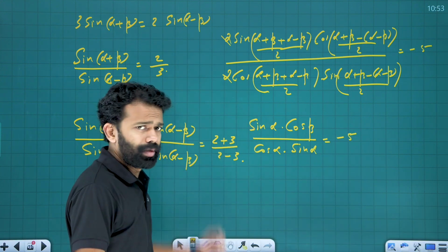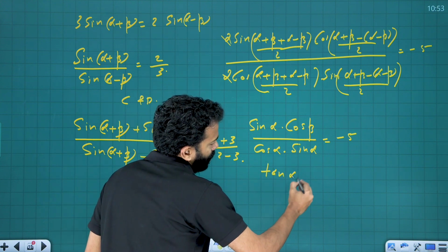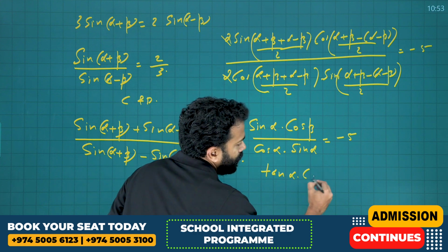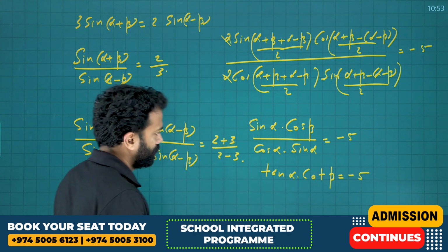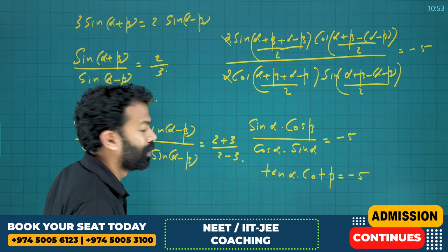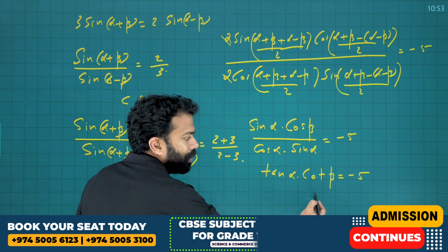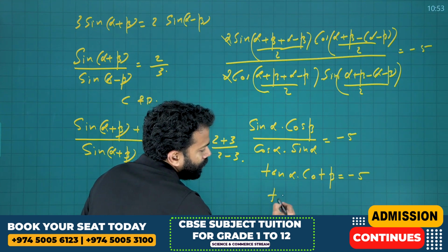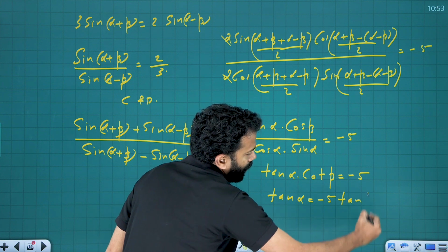So, what is sin alpha by cos alpha? That is tan alpha. And cos beta by sin beta, that is cot beta. So, tan alpha cot beta is equal to minus 5. Cot beta is 1 by tan beta, right? Cross multiply that tan beta to the right hand side, you will get tan alpha is equal to minus 5 into tan beta.